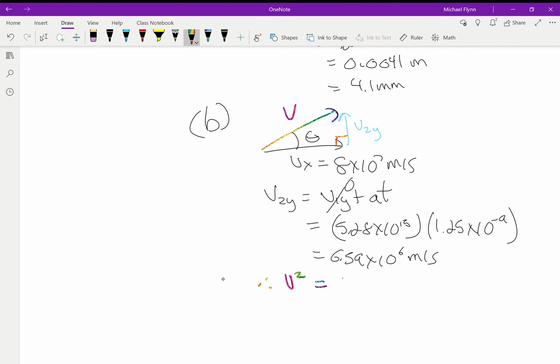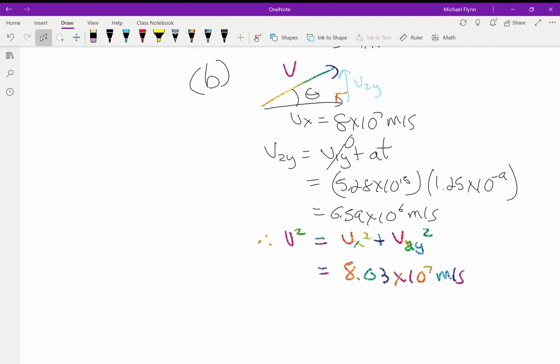V squared will equal Vx squared plus V2y squared, like that. Let's solve it. Okay? So I'm going to square my answer for the speed. I'm going to go plus 8 exponent 7 squared equals, take the square root. I get 8.03 times 10 to the 7 meters per second.